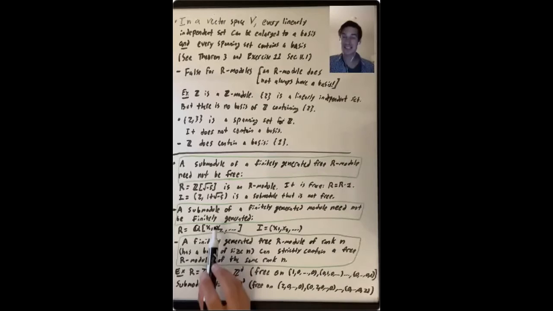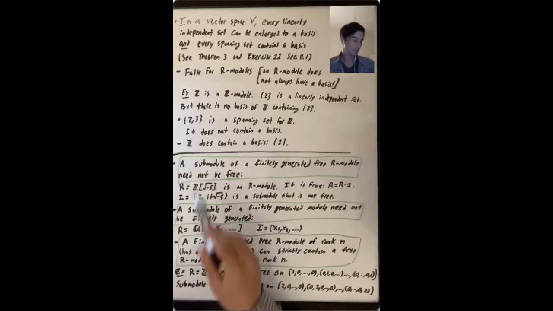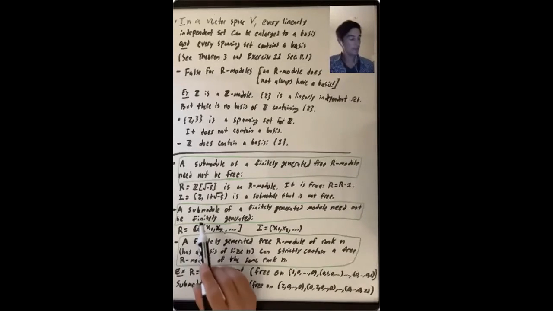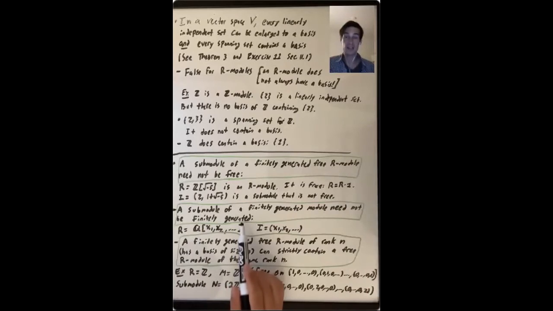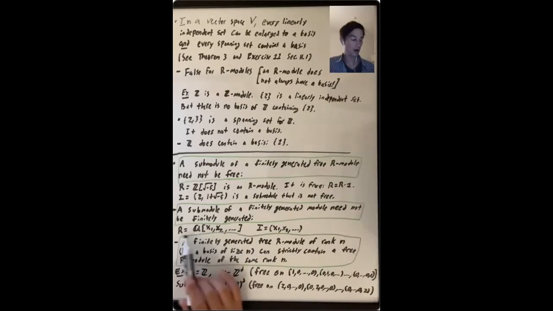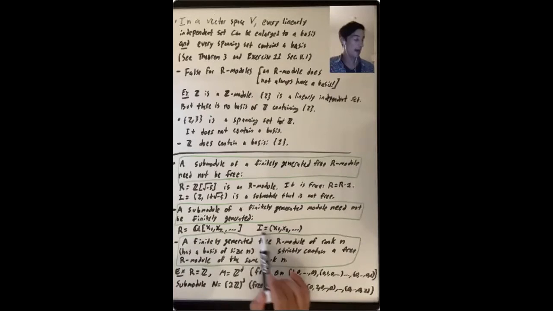All right, the next example is something we've already said before, but now we have more language and we've seen more, so I want to come back to it. A submodule of a finitely generated module need not be finitely generated. The example we saw: take R to be the polynomial ring over Q in infinitely many variables x1, x2, and so on, and take the ideal I generated by x1, x2, and so on.